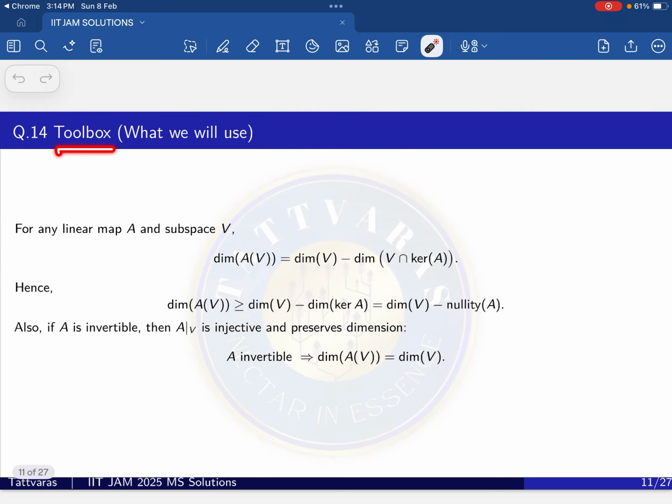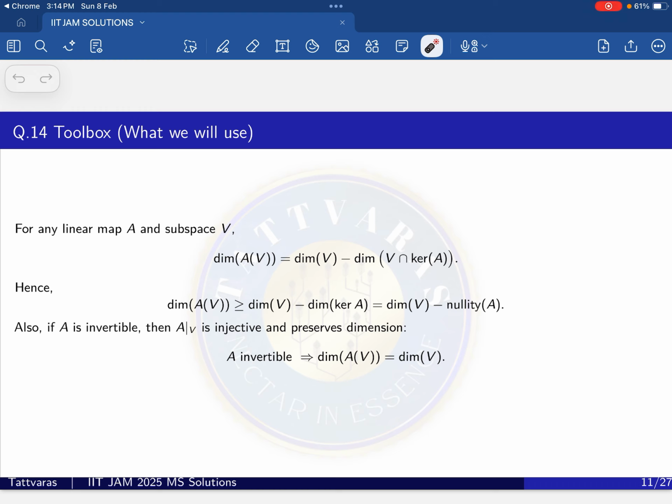So for any linear map A and subspace V, there is a formula which talks about the dimension of the set AV, that is the image set of Ax where x belongs to V. So this set has dimension equal to dimension of V minus the dimension of the intersection of V and the kernel space of A.